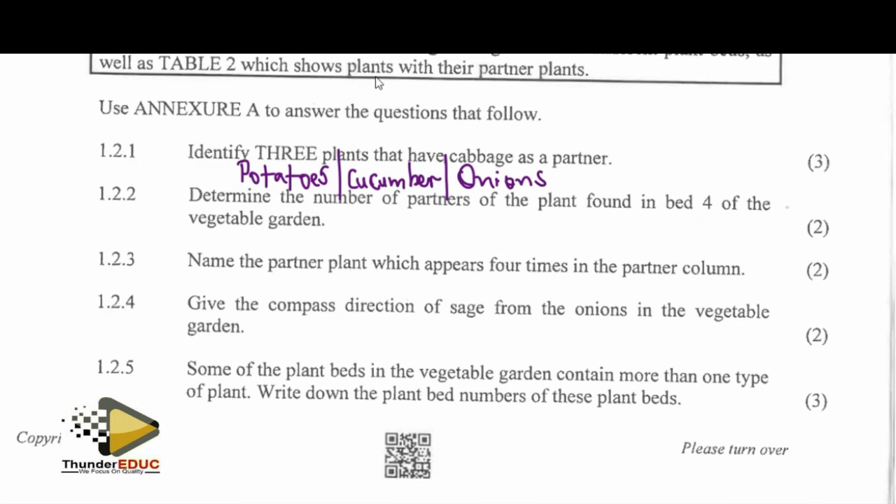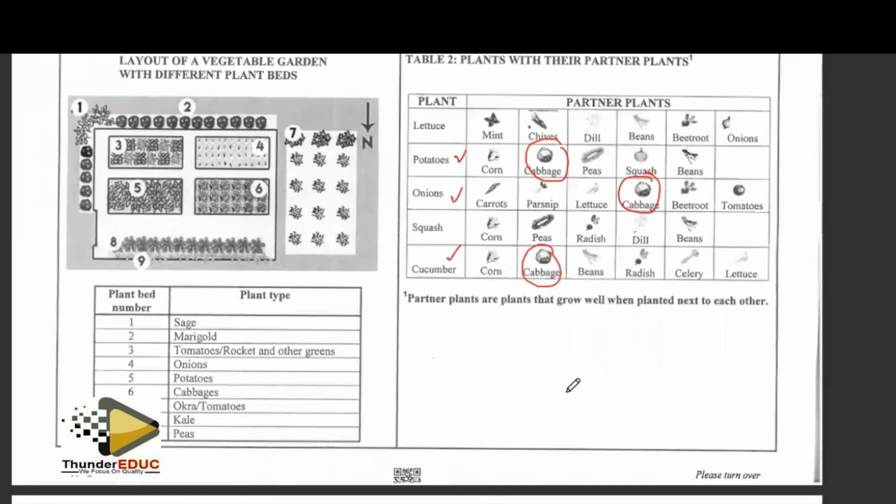Tell me the number of partners of plants found in bed 4 of the vegetable garden. Let's look at the next one. It says bed 4. These are onions. So determine the number of partner plants found in bed 4.